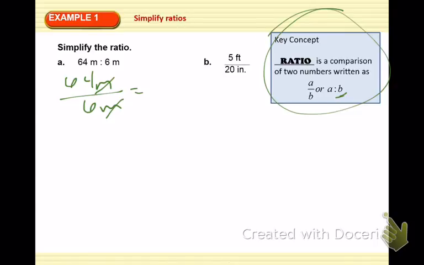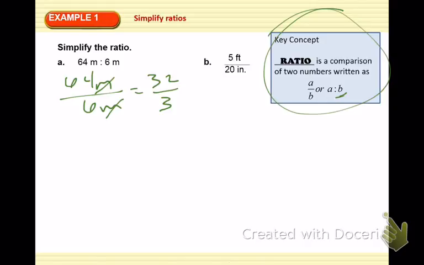Well, we divide a common factor out. Since both the numerator and the denominator are divisible by 2, we're dividing out a common factor to reduce it. And that common factor, once we divide it out, reduces this guy to 32 over 3, which is as far as we need to simplify our ratios.